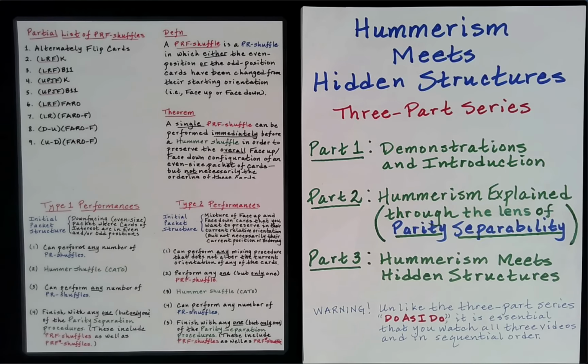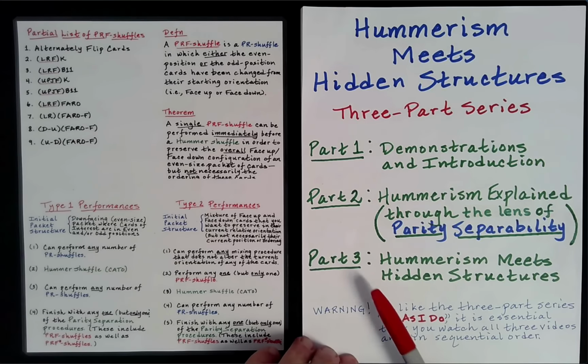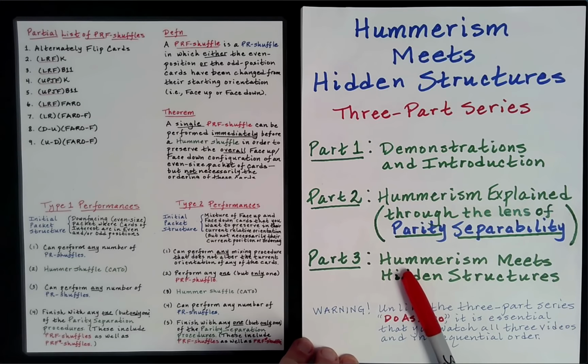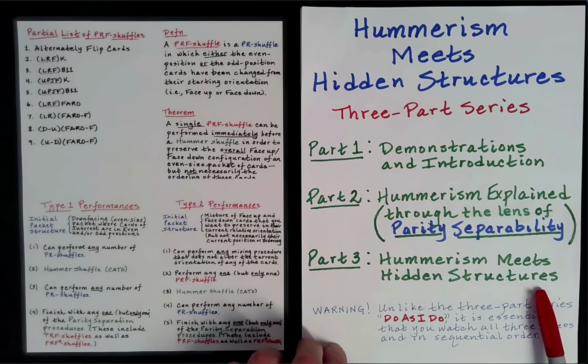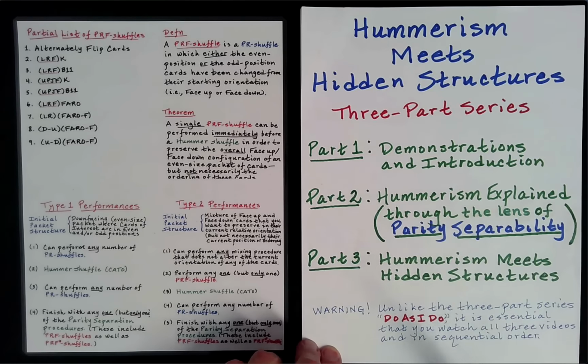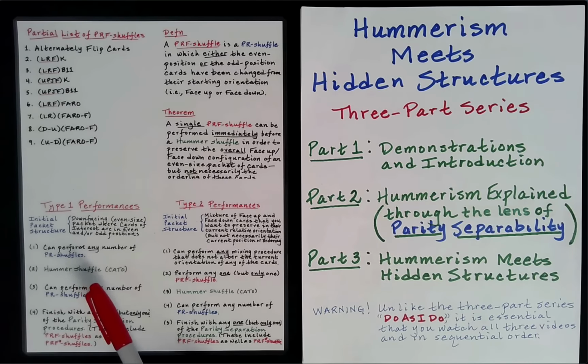This is our third video within part 3 of this series, entitled Hummerism Meets Hidden Structures. Before we go into this third video, I thought we would just remind you of the two primary performance types for a Hummer routine.